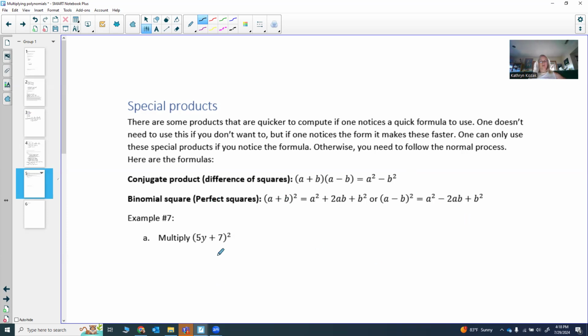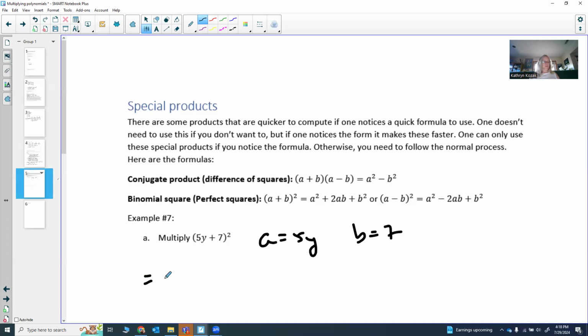We want to multiply out 5y plus 7 squared. This is the binomial square formula, and you need to figure out what expression is a and what expression is b. In this example, a is equal to 5y and b is equal to 7. So just replace the values into the formula.